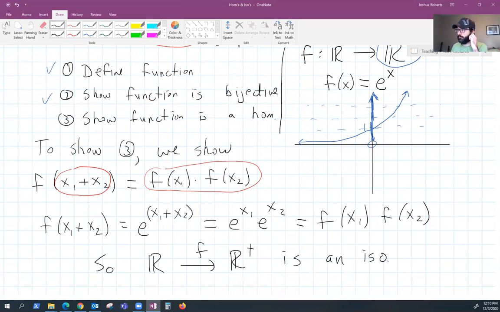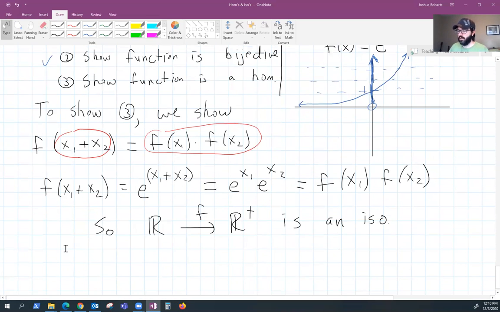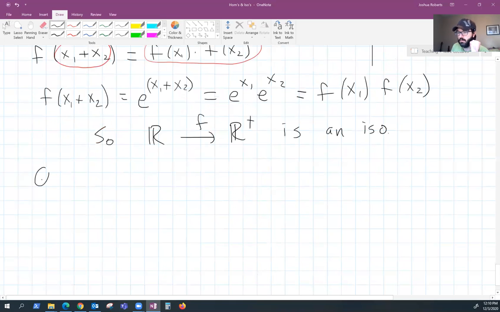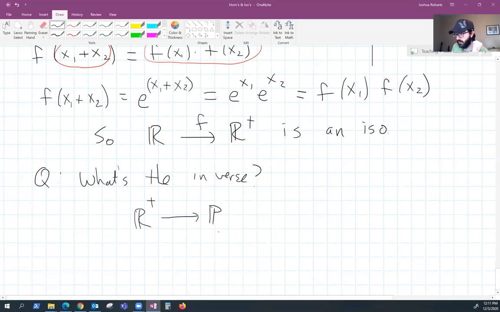So a nice little thing to think about is, what is the inverse? What is the inverse isomorphism? So, question: what's the inverse? In other words, what function is going to take me from the positive real numbers to the real numbers, and it's going to undo this e to the x?